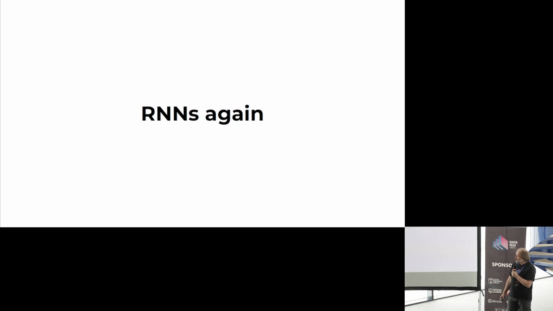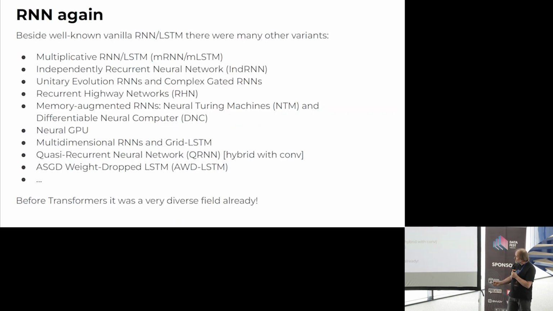The most fruitful part is RNNs, recurrent neural networks. It was already a very, very diverse field even before transformers came. Most people think that there are RNN, LSTM, maybe GRU, but that's very far from the whole picture. Even before 2017, when transformers came, there was a stunning variety of very, very different models.